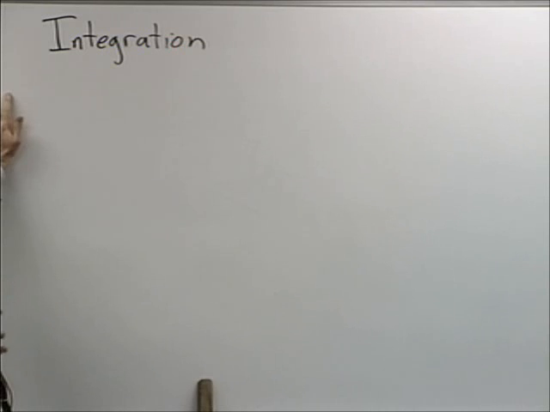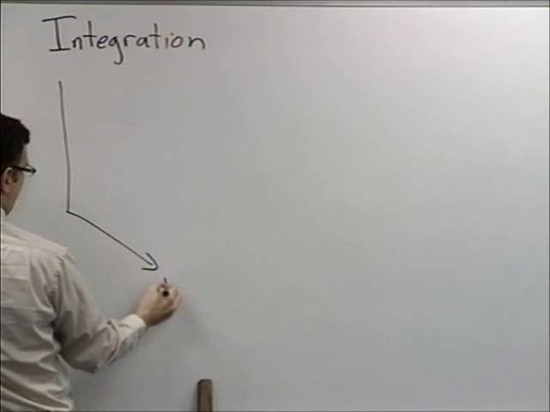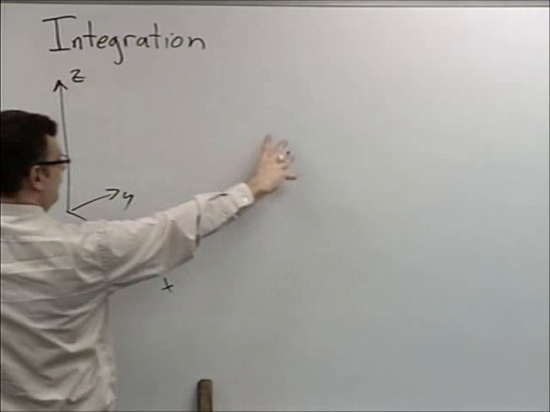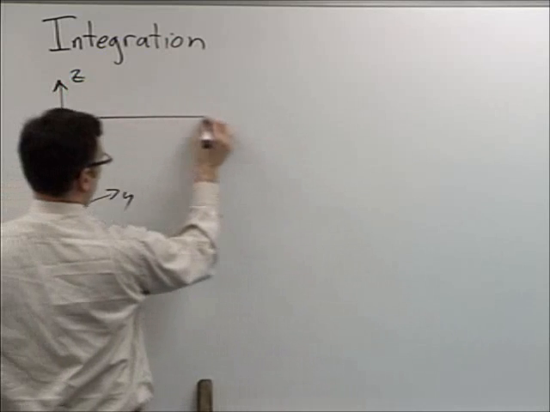A picture is worth 1,000 words. And when you get into these advanced coordinate systems, there's a picture for each of them that will help you whenever you try to integrate something. The picture looks like this. I've got my x, my y, my z, and I go to a little volume in space that I want to integrate over.